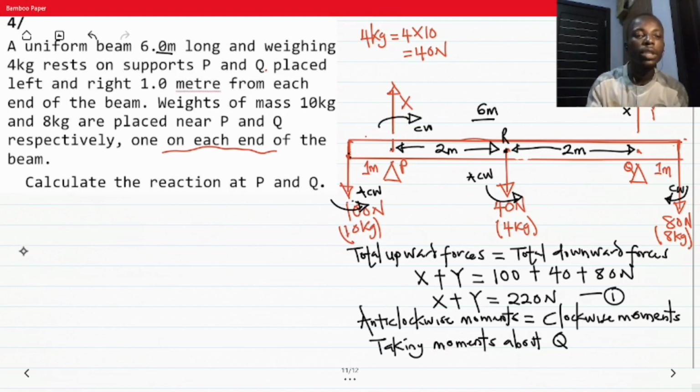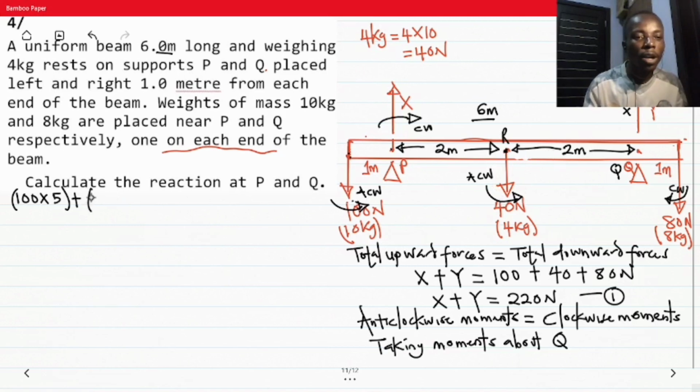So we go now, taking moment about Q. Let's start with the 100. Since it's anti-clockwise, we have 100 times the distance from here to here, which is 5 to Q. We are taking about Q. I put that here, close it, then plus the other anti-clockwise, which is 40, and the distance is 2.